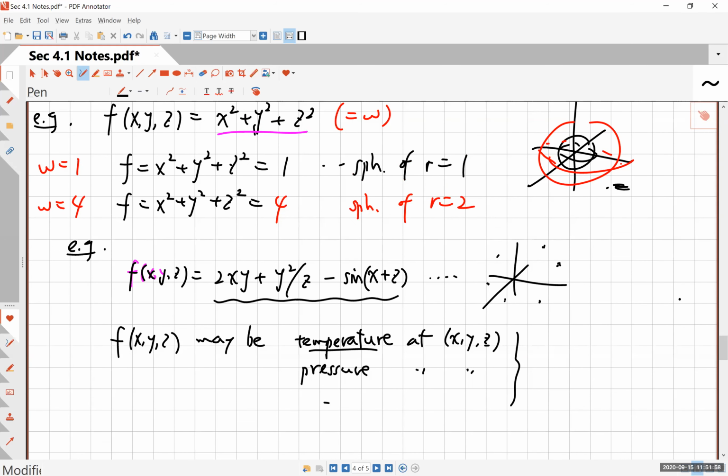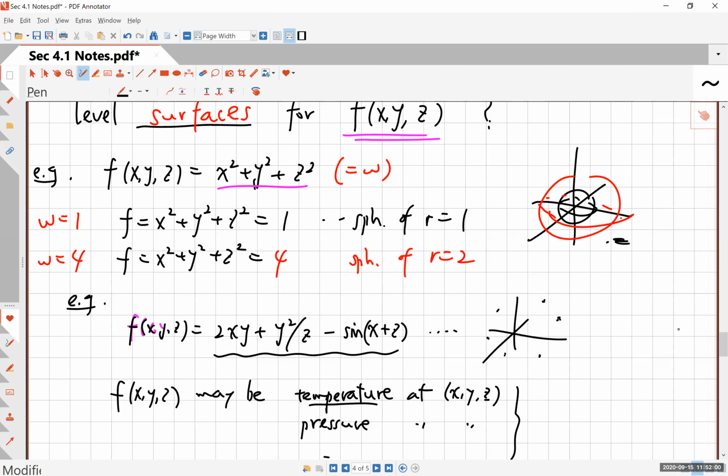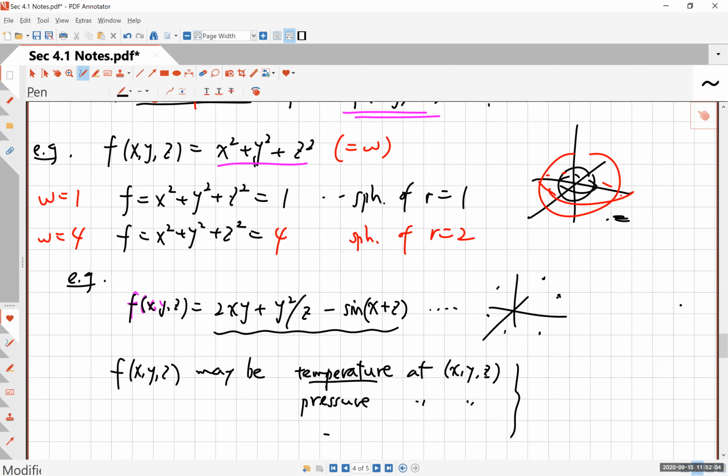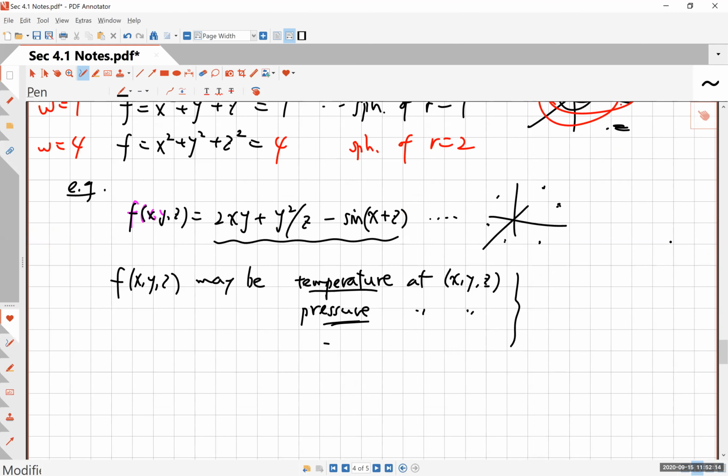That would be the level surface, otherwise known as the isothermal surfaces. Isothermal sets, which means the set of all points with the same temperature, or the same pressure and so on. And they can be very, very convenient in application problems.